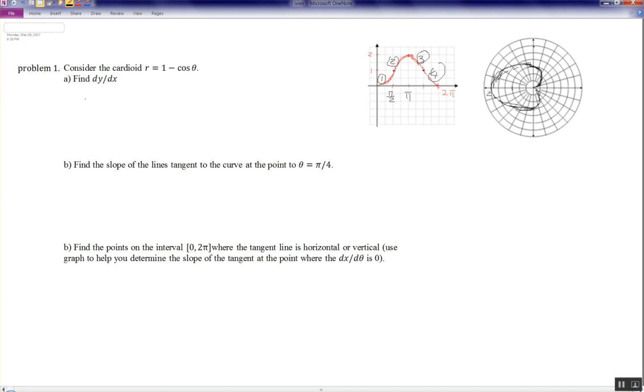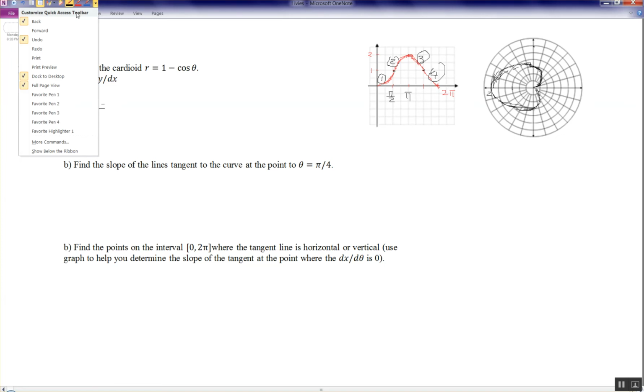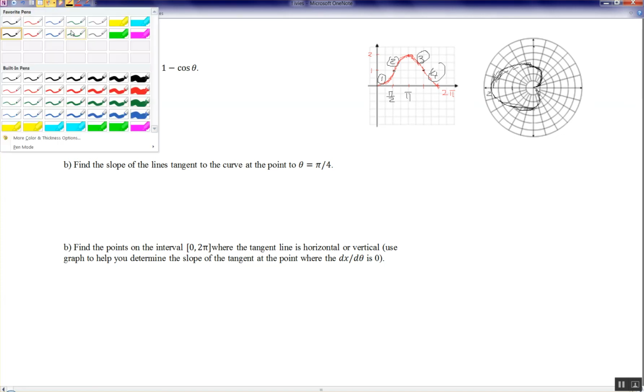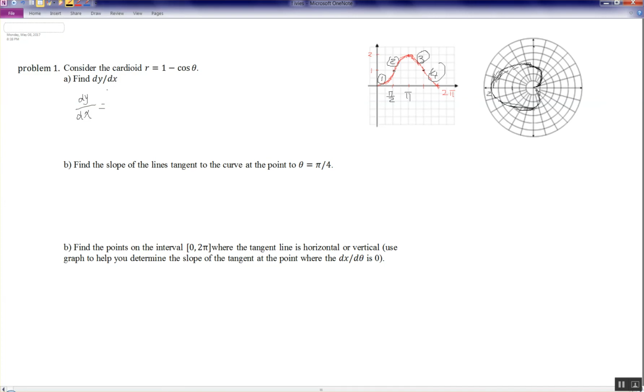If you can recall the derivative dy/dx, again, usually it's difficult to memorize formulas, right? So I tend not to just memorize the formula. I try to derive my own sometimes. If you know y is r sine theta, just go ahead and find the derivative of this.